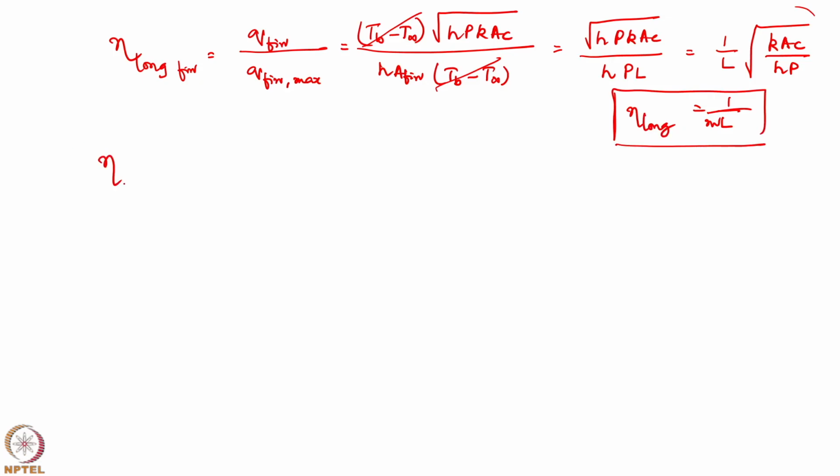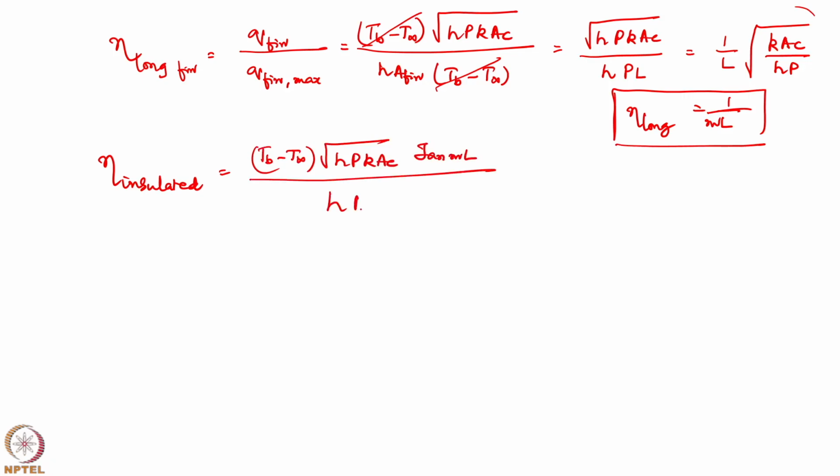Now, the efficiency of the insulated fin tip. Here you get TB minus T infinity into the square root of HPKAC tan hyperbolic ML divided by H into the area of the fin into TB minus T infinity. TB minus T infinity gets cancelled out, and you get the square root of HPKAC divided by HPL into tan hyperbolic ML.